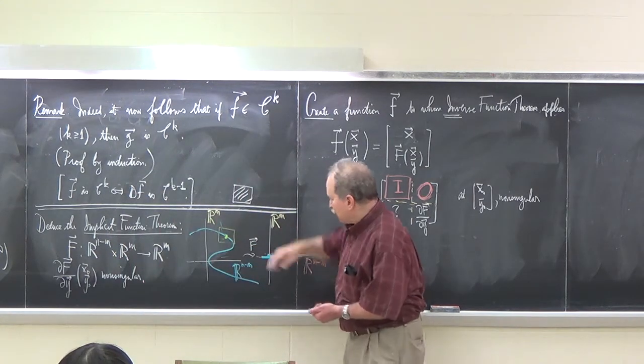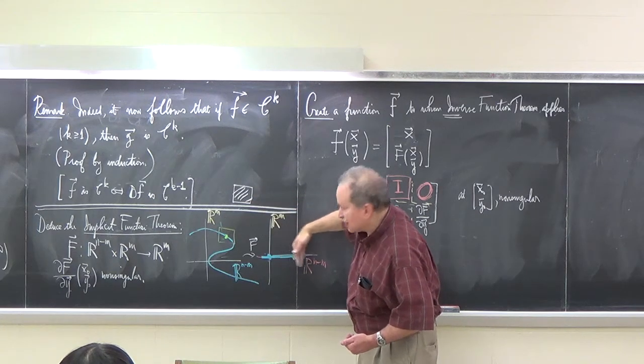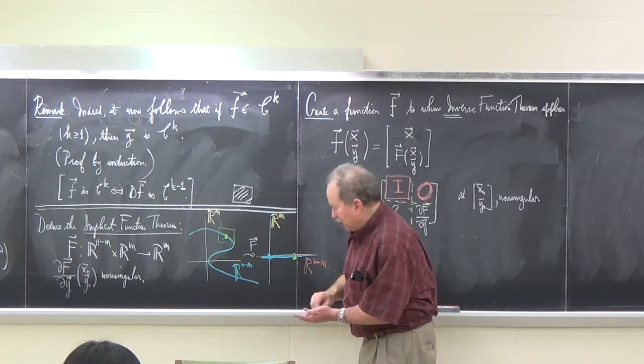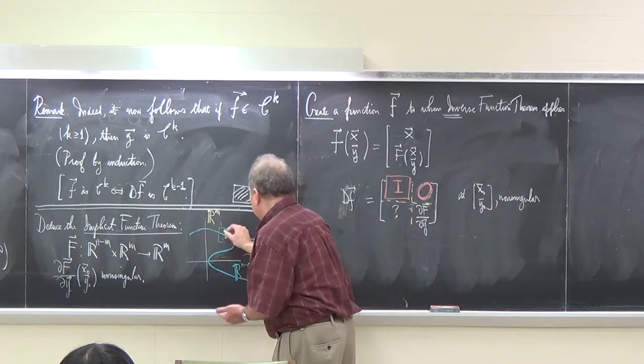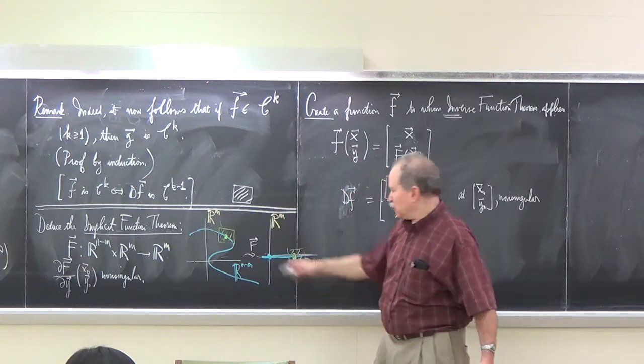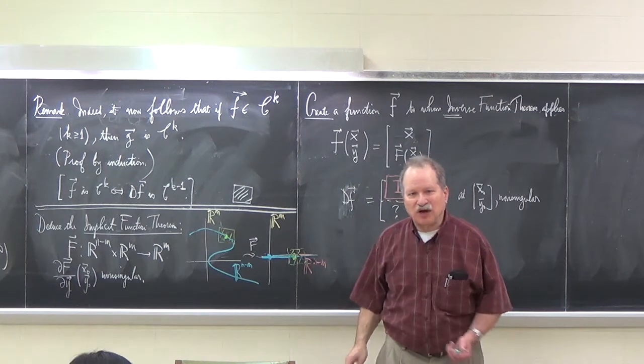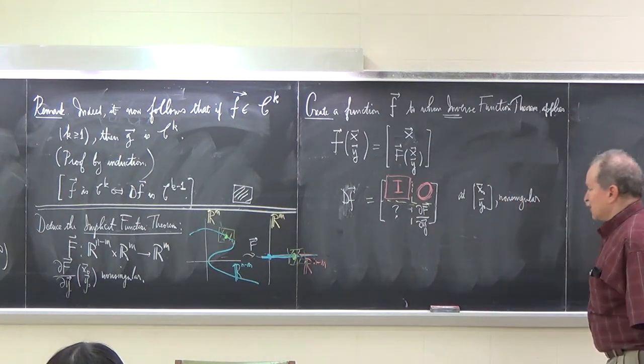And what's the mapping doing near this point? It's going like this in a non-singular way. So it's mapping a neighborhood of this point to a neighborhood of this point. Because of the inverse function theorem, you get an open set mapping to an open set in a one-to-one C1 way. So there's a local inverse.